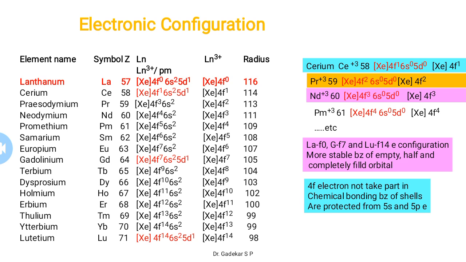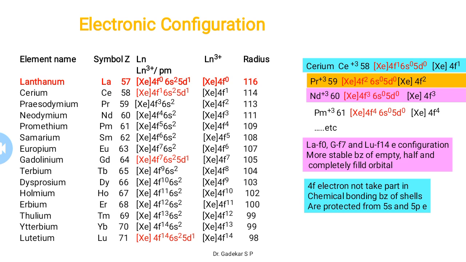Cerium 3+ means f1 electron remains, but in the cerium 4+ oxidation state it forms an empty f orbital, f0.